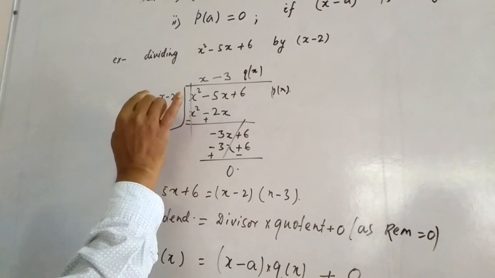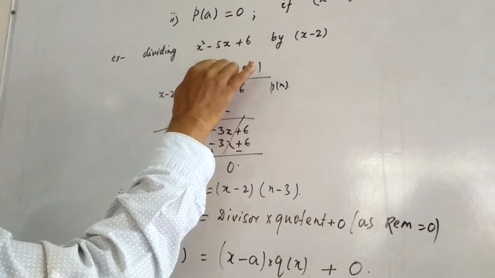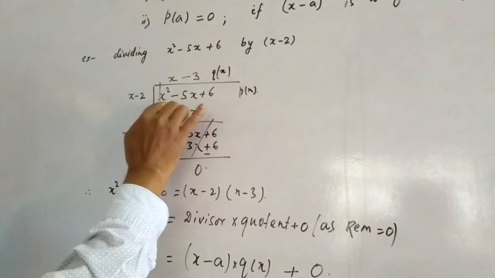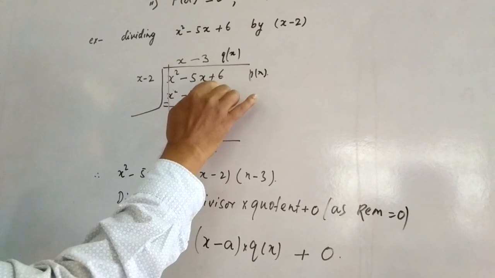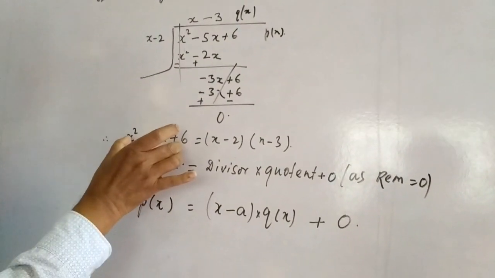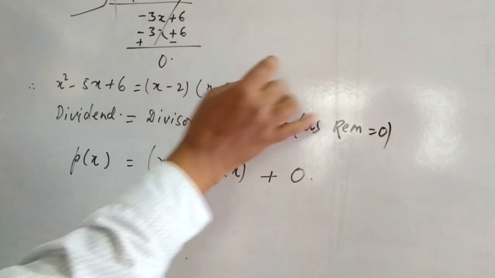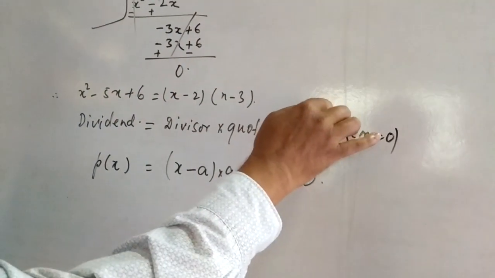That means the product of divisor and quotient must be equal to the dividend. Here we got the dividend equals divisor into quotient, as remainder is 0.